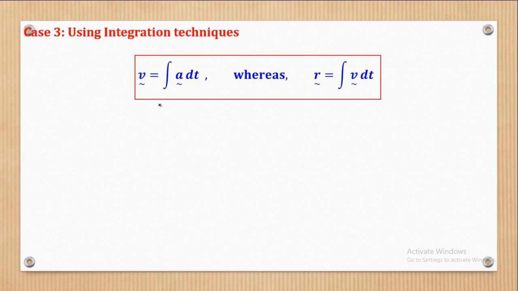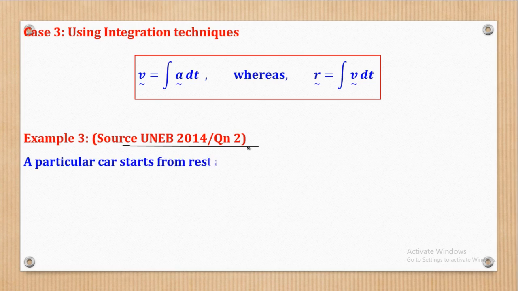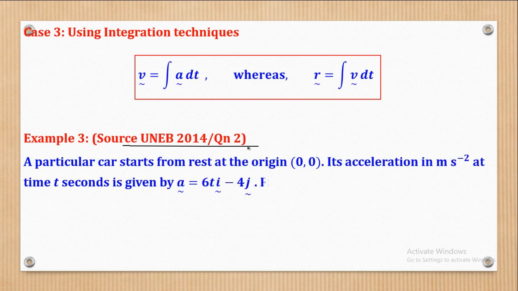Now with that knowledge, you shall be able to get the solution for example 3. So example 3 came from UNEB 2014 paper 2 question 2, and it says: A particular car starts from rest at the origin, 0, 0.